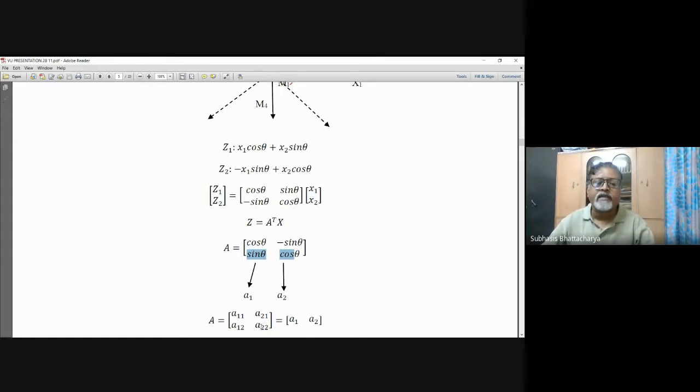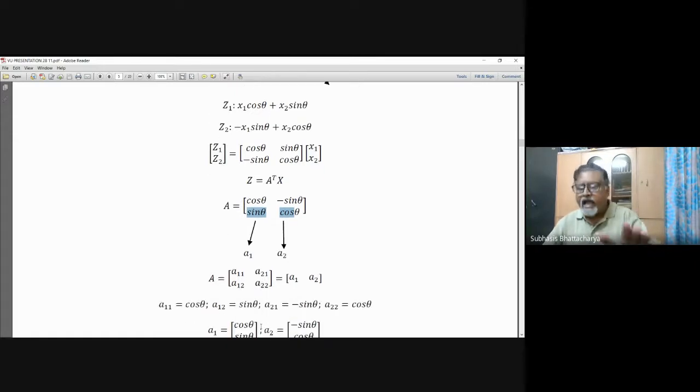A11 is cos theta, A12 is sin theta, A21 is minus sin theta, and A22 is cos theta. A1 is cos theta sin theta, and A2 is minus sin theta cos theta.